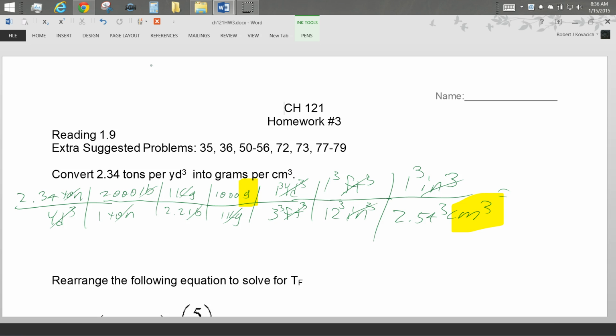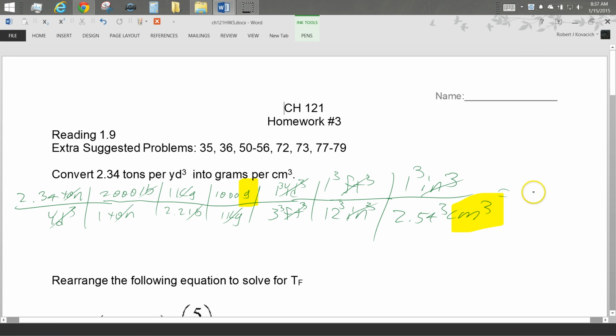So then I have to throw this into the calculator. I got 2.34 times 2,000 times 1,000 divided by 2.2 divided by 3 cubed divided by 12 cubed and divided by 2.54 cubed.